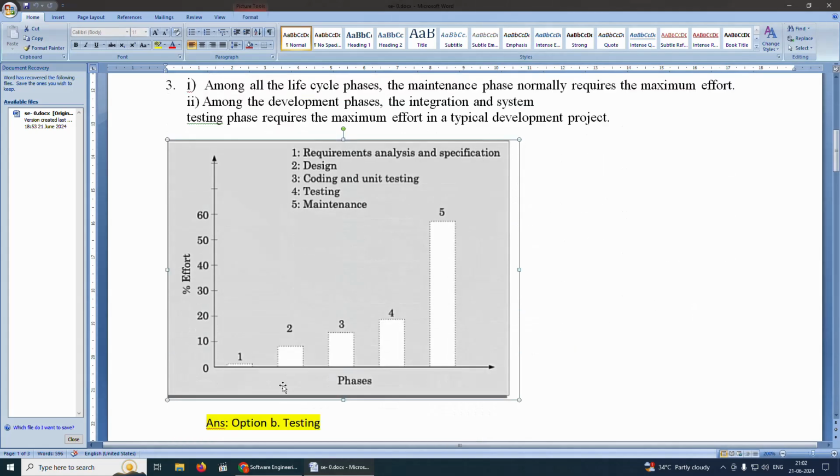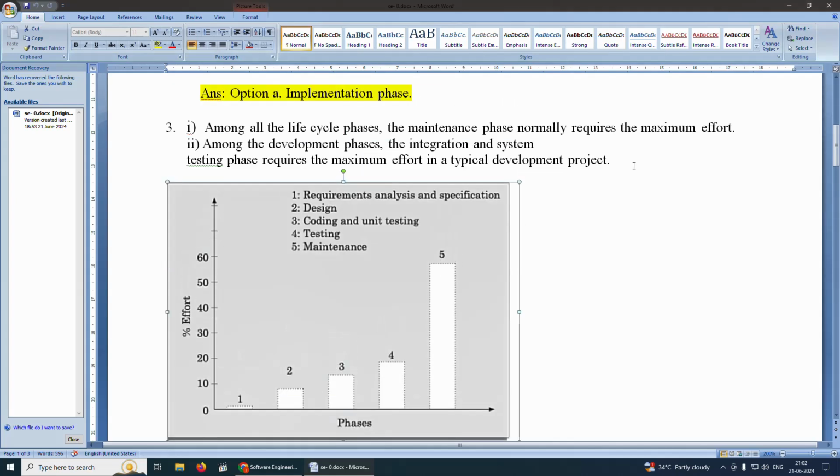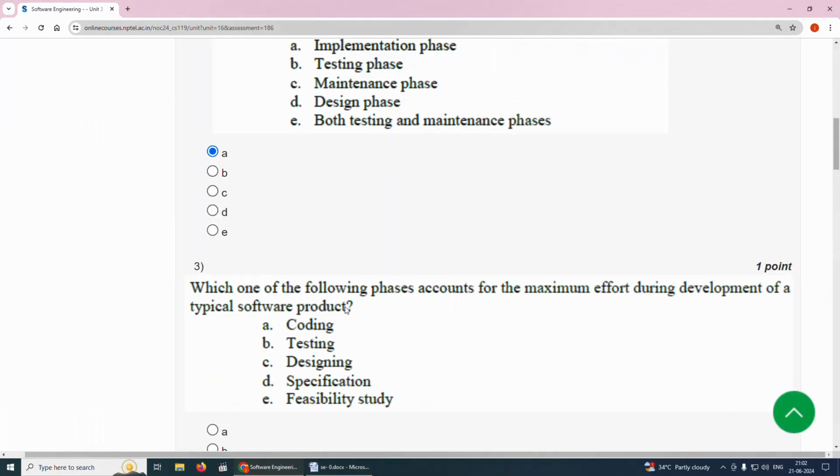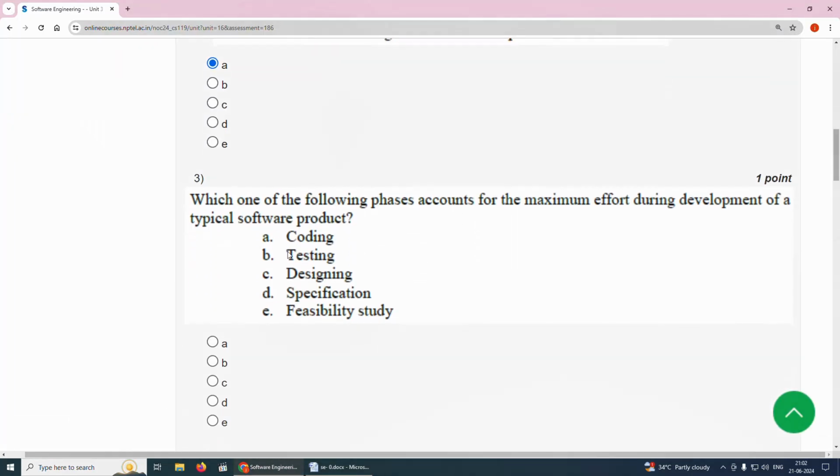So maintenance requires maximum effort, but maintenance is not given as an option. So the answer is option B, testing.